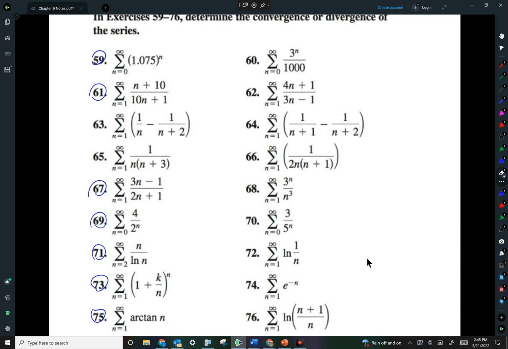So that means you got to try a different test. Yeah, you would definitely try the nth term test, but since it equals 0, it doesn't tell you anything, right? It's only if it doesn't equal 0 that you know it's a diverge. If it does equal 0, you don't know what it is. You got to try something else.